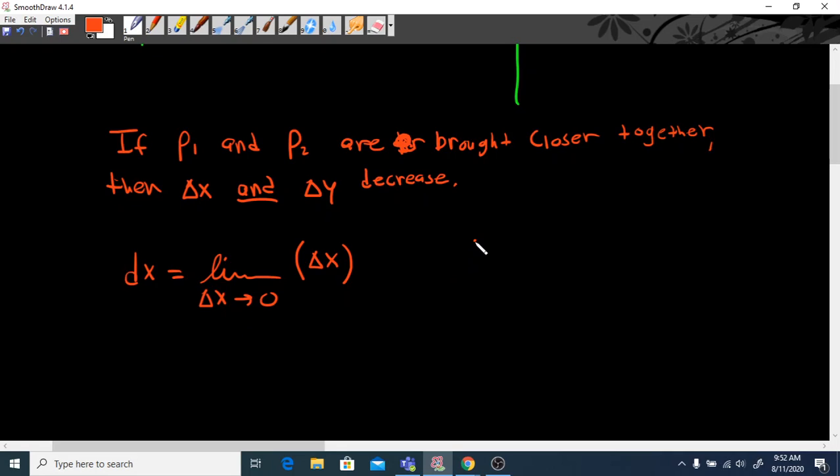Okay? And similarly, dy is the limit as delta y approaches 0 of delta y. Okay? So that's what dx and dy are. Dx and dy is simply what happens when delta x and delta y become so incredibly small that there's no way to measure it. And again, we have a special word for that.